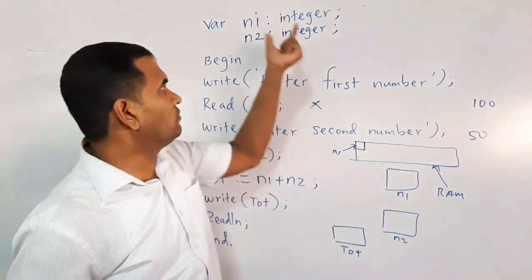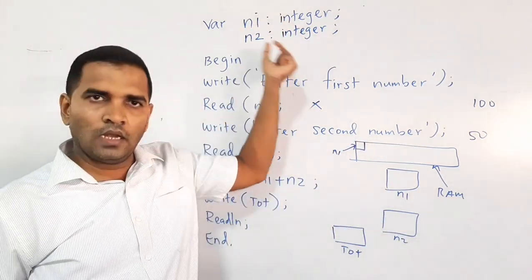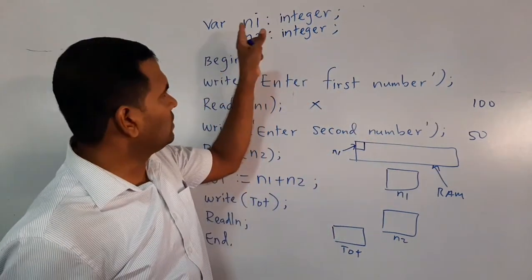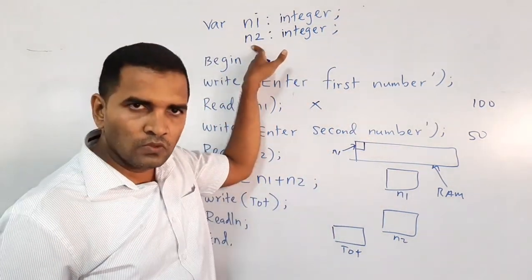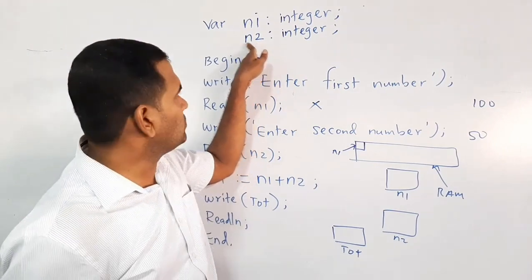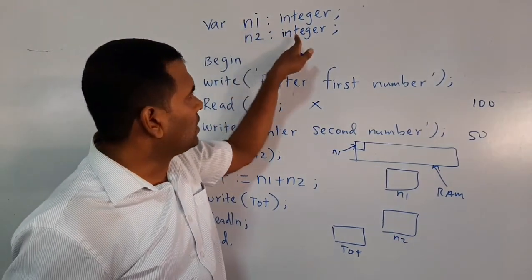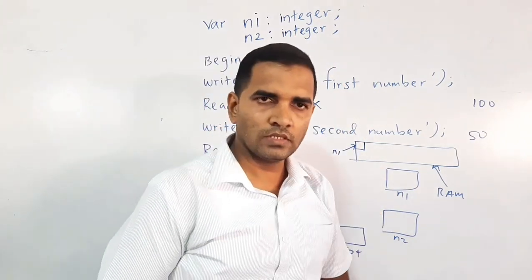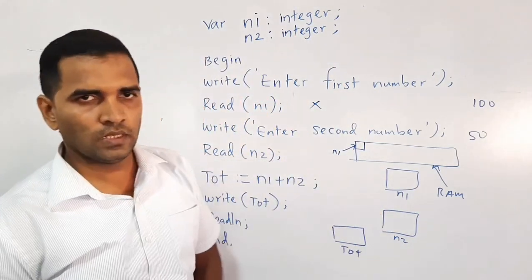If you understood the first line, understanding the second line is also very simple. In the second line, we declared n2 as a variable name, and that variable will allow only whole numbers, integer type of data.